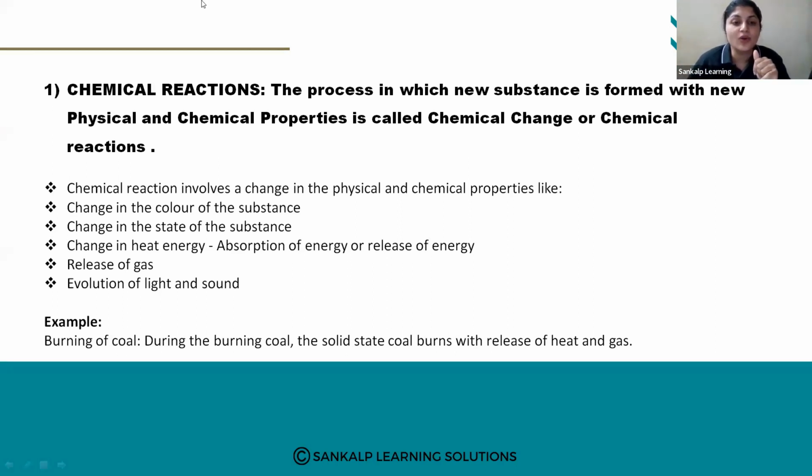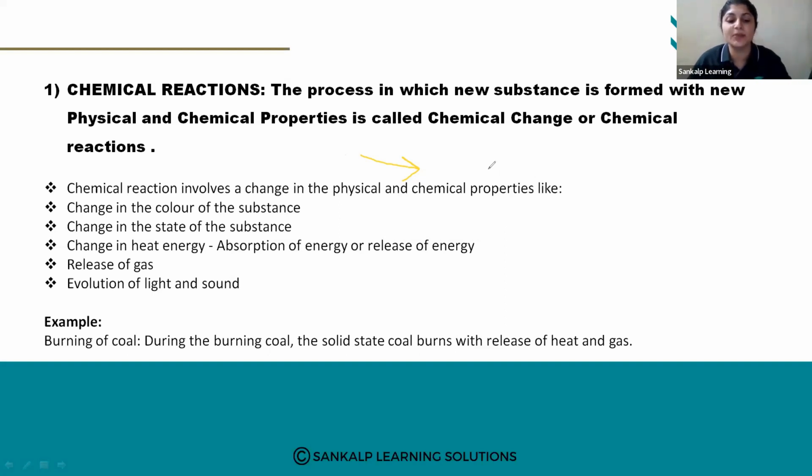Then next is how to write a balanced chemical equation. Across the arrow mark, to your left hand side will be your reactants, and to your right hand side will be your products. The number of atoms present in the reactants should be equal to the number of atoms present in the products.